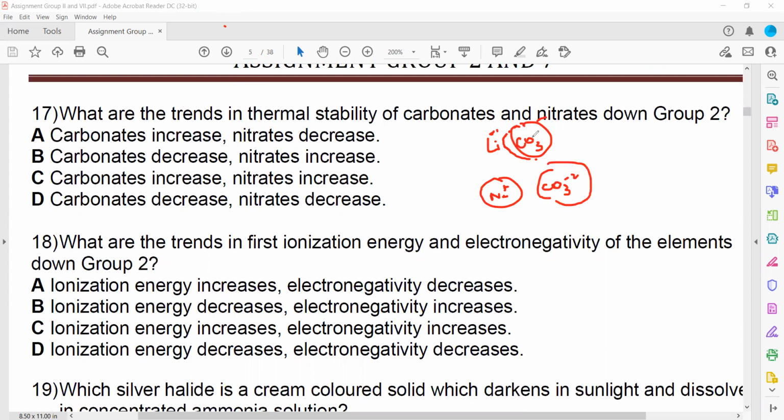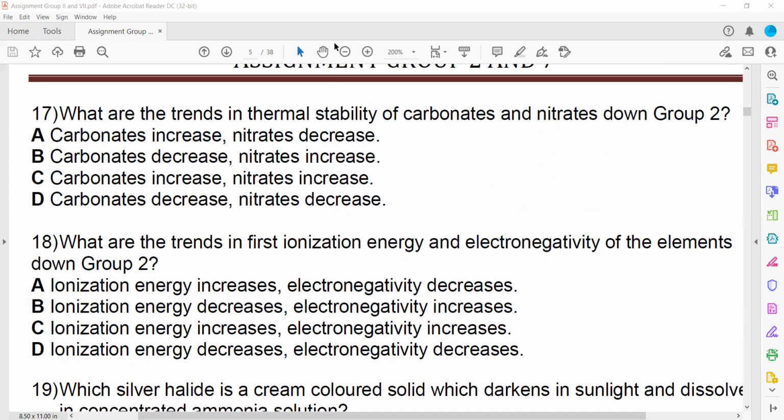If it causes more distortion, it can break easily because the ion is less stable. Here there is less distortion, so it cannot break easily, so the ions are more stable. So even if it is carbonate, sulfate, or nitrate, the thermal stability, meaning the temperature at which they break down or decompose, increases as we go down for all. Even with hydroxide, you will also mention it increases.